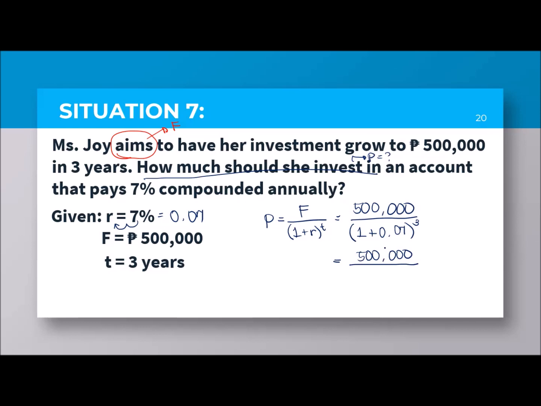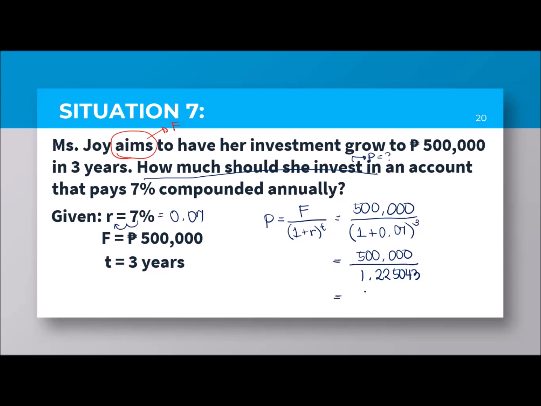So, get again your calculator. Parenthesis, 1 plus 0.07. And then, raise it into 3. So, ang sagot po dyan is 1.225043. Divide natin yan sa 500,000 pesos divided by 1.225043. Okay, so I think we got it correctly.